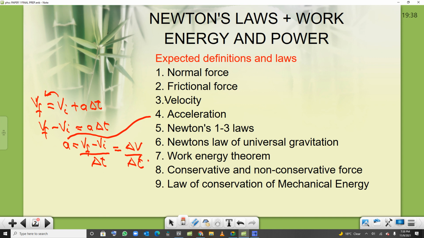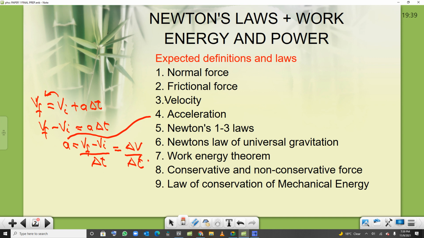The object will accelerate in the direction of the net force with an acceleration that is what? Directly proportional to the net force and inversely proportional to the mass. Newton's third law, if object A exerts a force on object B, B will simultaneously exert a force on object A, which is what? Equal in magnitude and opposite in direction.